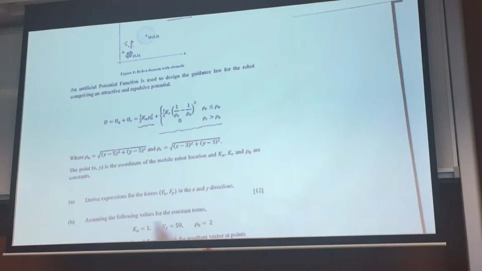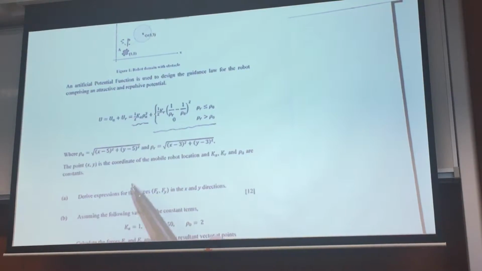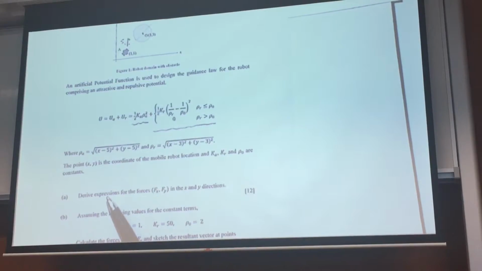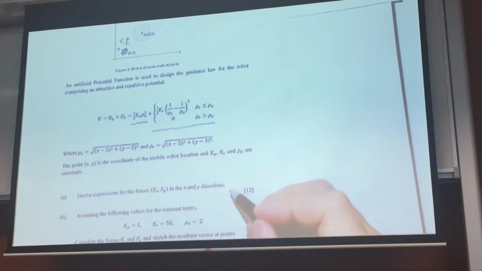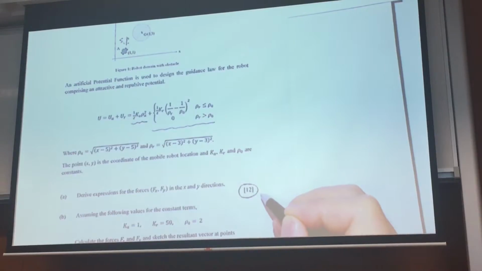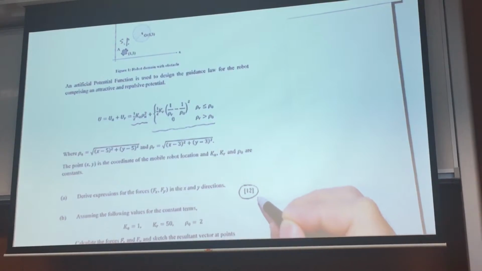In our lecture, we derive the repulsive force, we derive the attractive force, and you are also required to make derivation in the first assignment. So I don't think anyone will have any problem for this 12 marks. If you cannot get this total 12 marks, I think it's definitely your own problem.